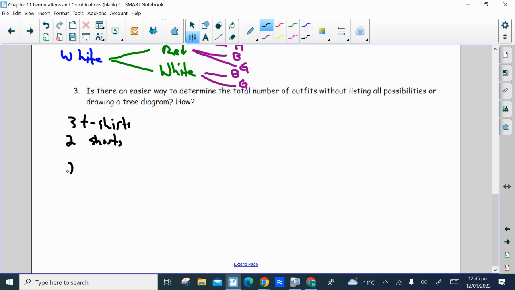And there were 2 choices for the sandals. The question is, what could you do to those 3 numbers so that you get the answer of 12? Multiply them. That's right. If you take the number of choices for the t-shirts times the number of choices for the shorts times the number of choices for the sandals, you get that number 12.